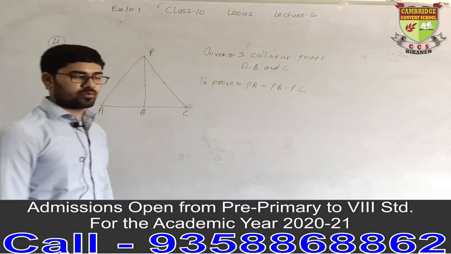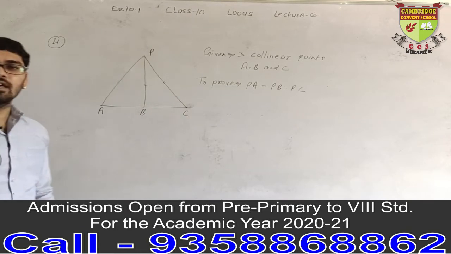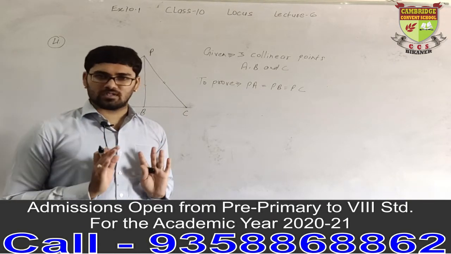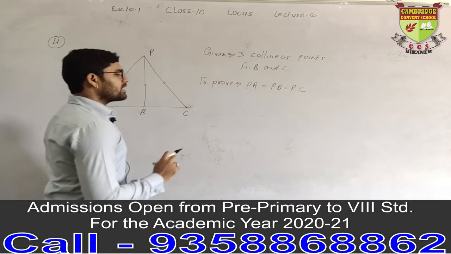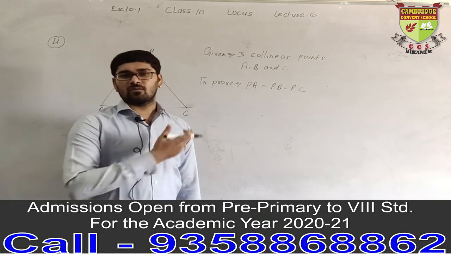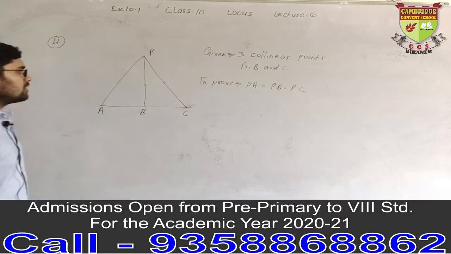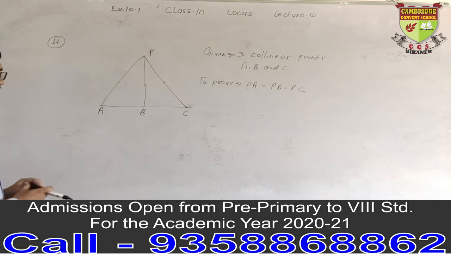This will prove that the distance of P from all these 3 points is equal, and if this distance becomes equal, then this is the locus. Or we can say that P is that common point which is equidistant from A, B and C.